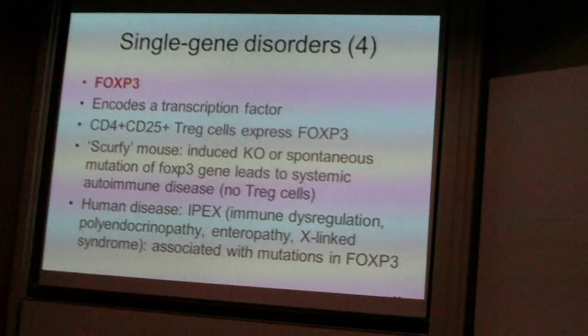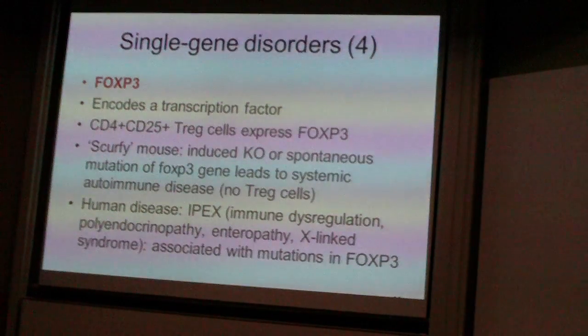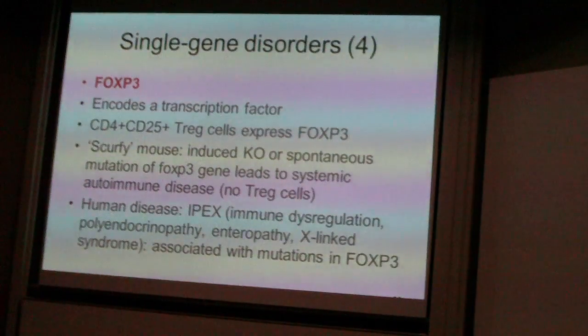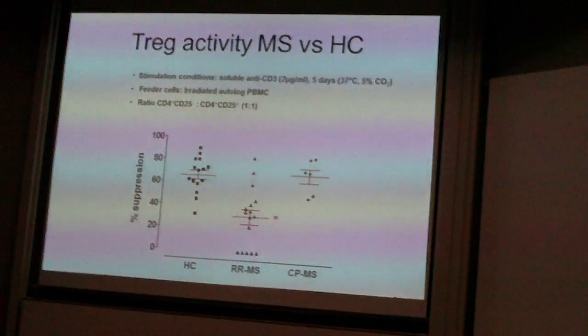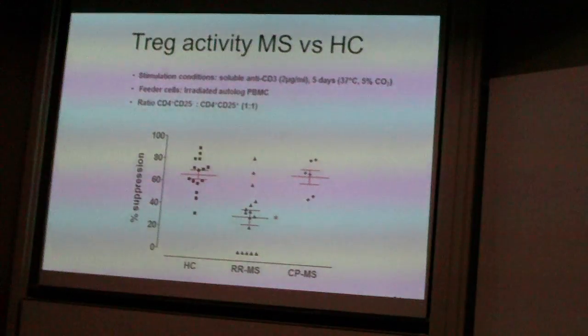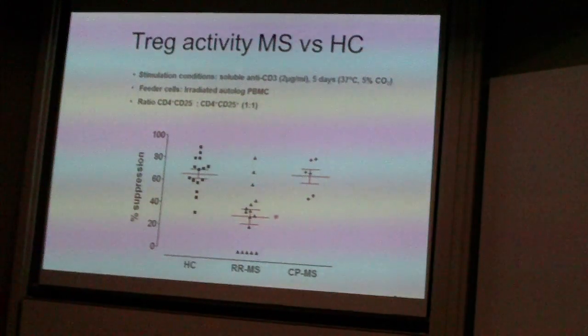Probably this is also important in the human situation, where mutations in FOXP3 may lead to fewer regulatory T cells, and if you have a problem with regulatory T cells, this may help the development of autoimmune conditions, because the regulatory T cells are no longer there to suppress the aggressive T cells, and then the aggressive T cells can induce disease.